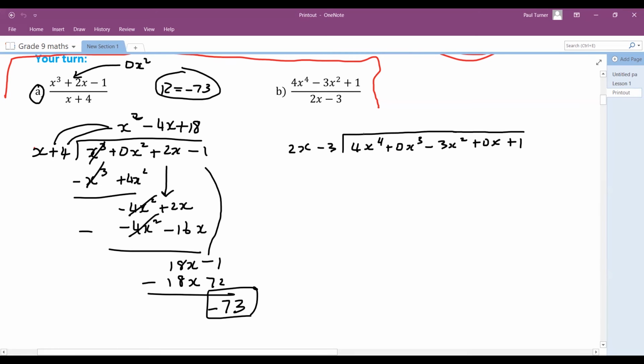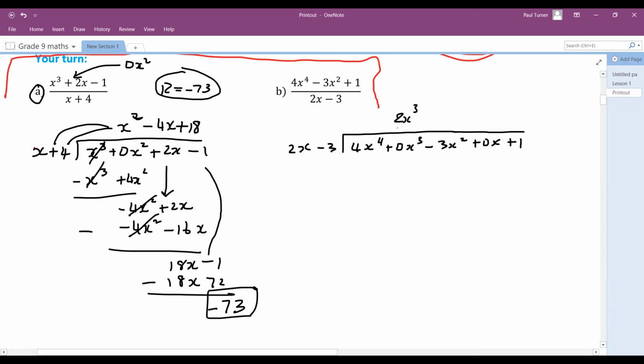Okay, so you've got 2x. So this would have to be 2x squared, wouldn't it? Sorry, 2x cubed. Teacher, can it be decimal or not? Yeah, it'll be a fraction or a decimal, yeah. And positive number. I'll do a little bit and then you just check you've got some working correct and then you can finish it.